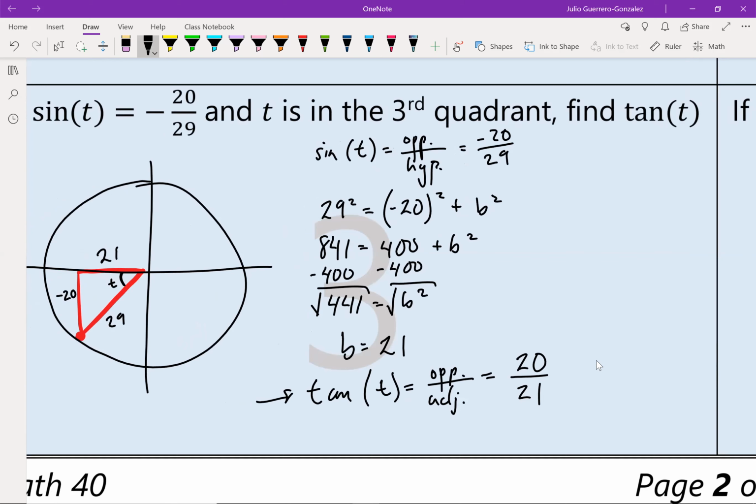So our b for our triangle is 21. But we know we are in the third quadrant, so we know that this is also going to be negative. So our adjacent was negative 21. Our opposite is also negative. So the correct answer here is 20 over 21 since the negatives cancel out. And we are done.